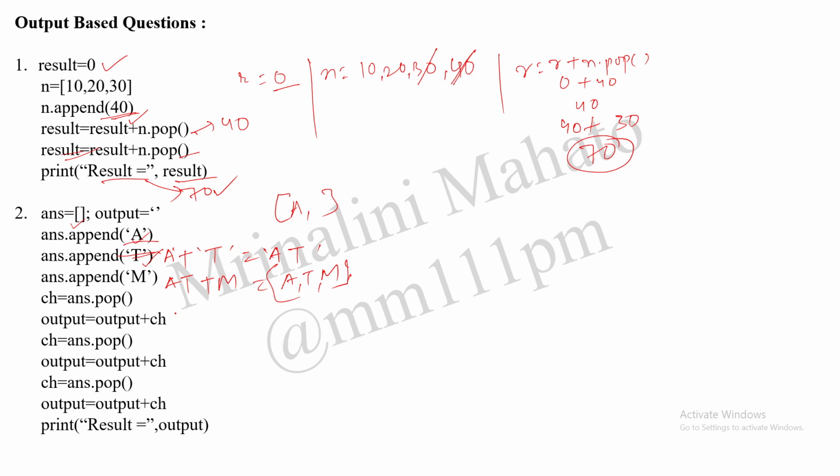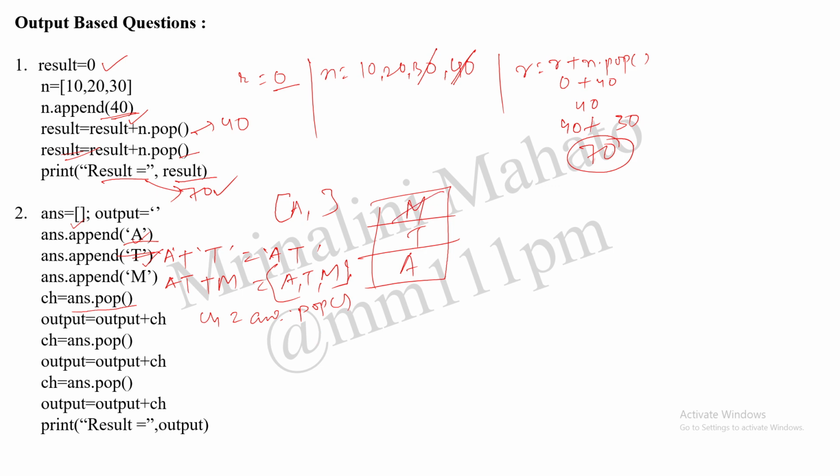Okay. Now come ch equal to ans dot pop. Another variable is written, ch equal to ans dot pop. So when we pop, we have inserted A, T, M like this. Now come to pop. Which element will it delete first?